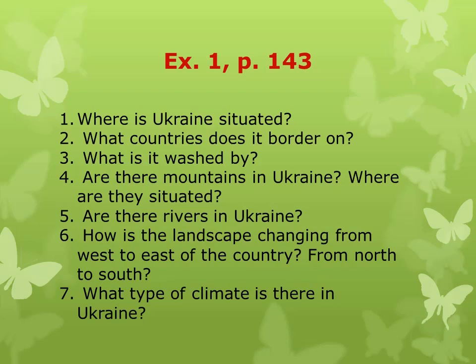Are there rivers in Ukraine? How is the landscape changing from west to east of the country, from north to south? What type of climate is there in Ukraine? I think you'll find all answers in the information which we are going to read now.